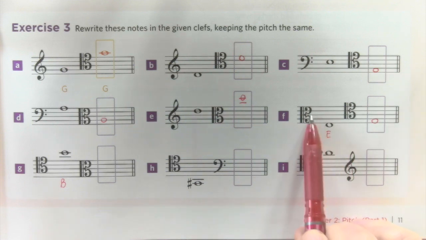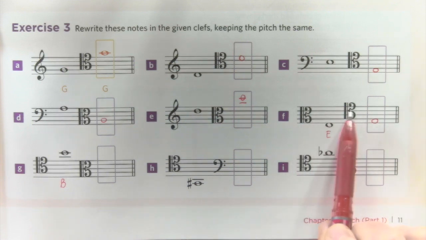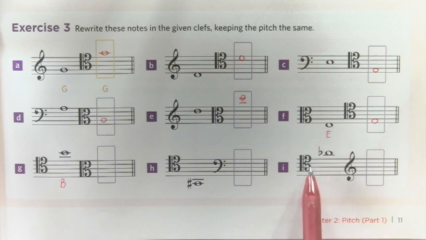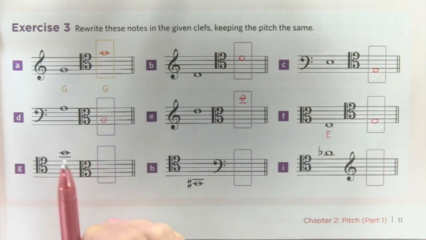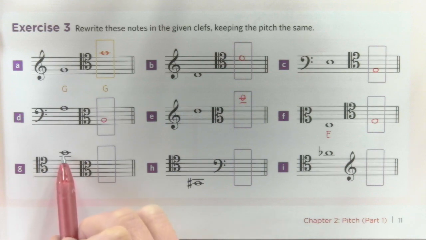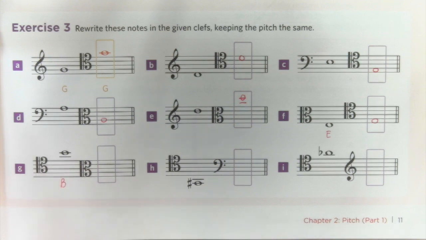Now we did say here that they are 2 steps apart. In this case we go 2 steps below, so we know already that the note would be written on the lower ledger line.